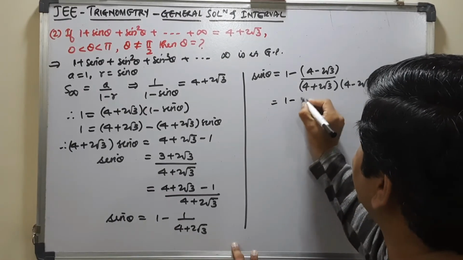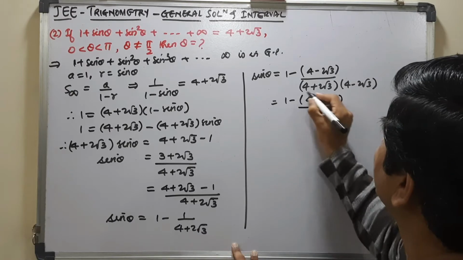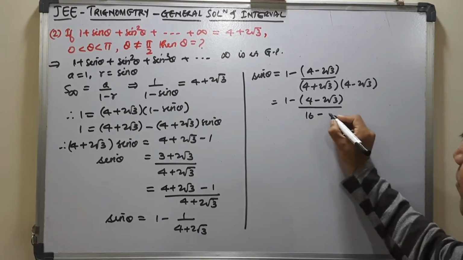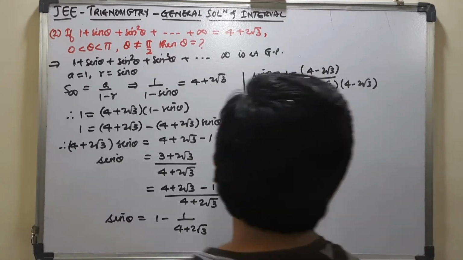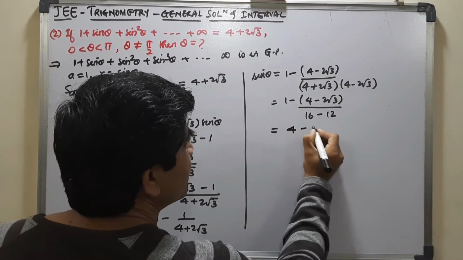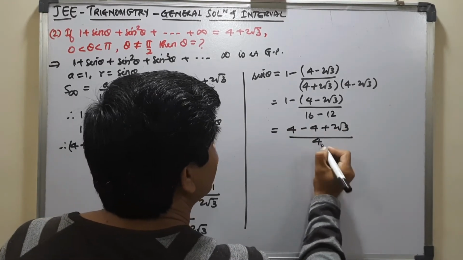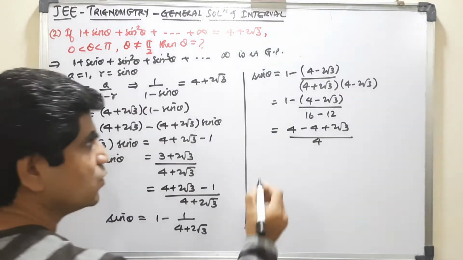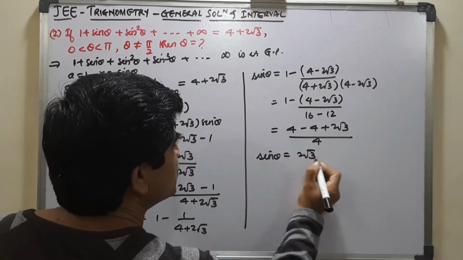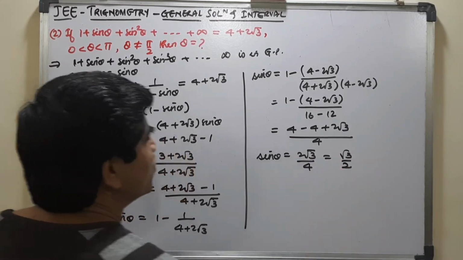So it is 1 minus 4 minus 2 root 3 upon, this becomes 16 minus 4 3s are 12, that is nothing but 4. So on cross multiplication I get 4 minus 4 plus 2 root 3 upon 4. So in short, I get my sine theta to be 2 root 3 upon 4, which is root 3 by 2.